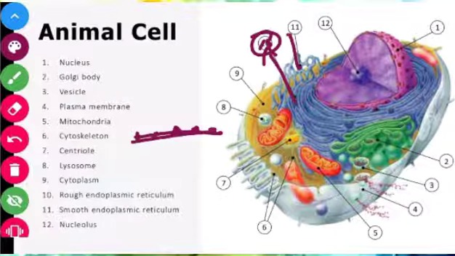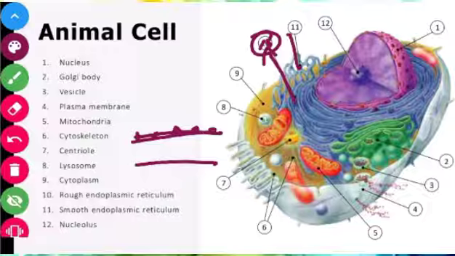Smooth endoplasmic reticulum, as I told you, is like a simple line. There is an absence of ribosomes, okay. So in smooth endoplasmic reticulum there is no synthesis of protein, but there is the synthesis of lipids.